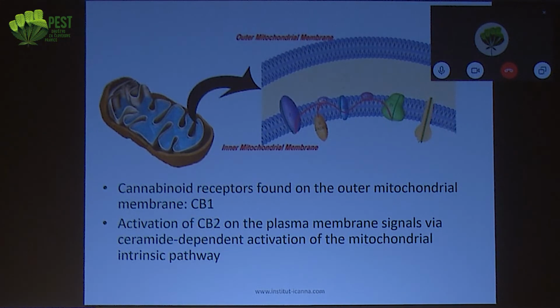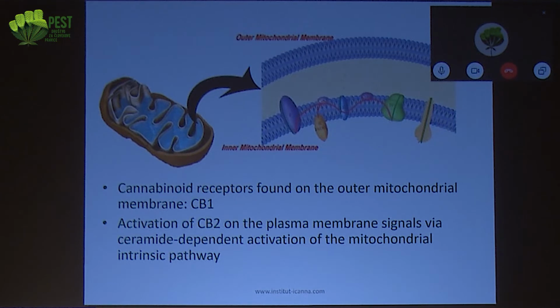So if we don't have well-functioning mitochondria, even if we have cannabinoids, this signal inside of the cell will not happen the way it needs to happen if the mitochondria are not functioning properly. And we see that this is a very important part in what cannabinoids do or how they do it, and why sometimes we see a very different response in different individuals with the same cannabinoid treatment.